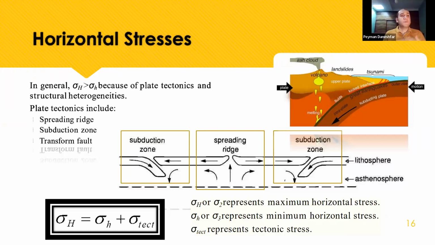Tectonic plates are spreading, subducting, and transforming. If you can see, the subduction goes down and the spreading comes up, and again subduction comes down. So keep it in your mind and think about that. The maximum horizontal stress will be equal to the sum of the minimum horizontal stress and the tectonic stresses.